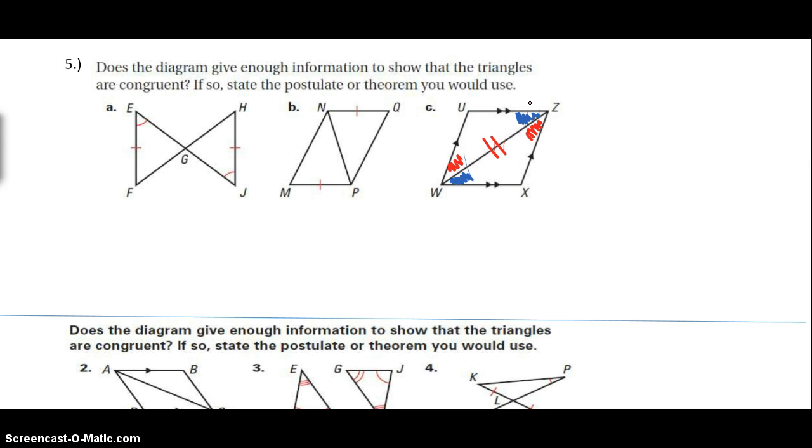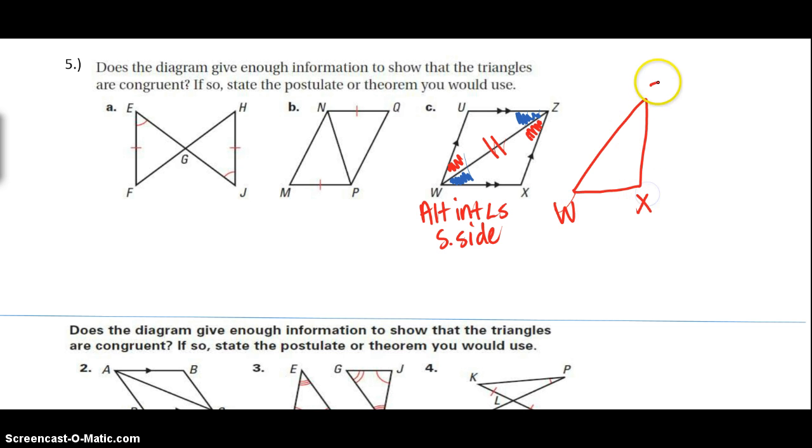And then I also want to point this out. Aren't they sharing a side? Okay, so we have alternate interior angles, and they're sharing a side. So let's break this triangle off right here. W, X, Z. This is the same, and then we have this one here. So let's go around here. This is angle, side, angle.